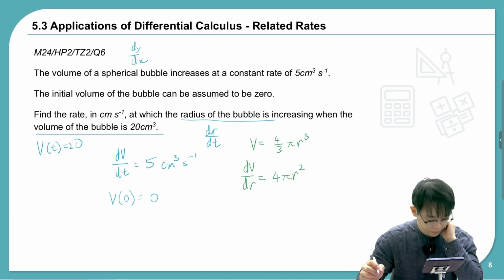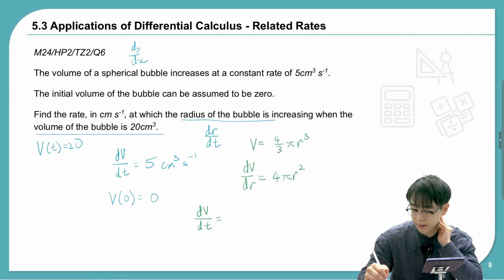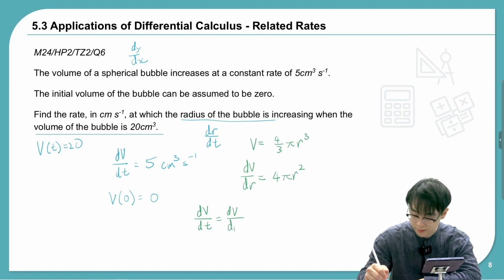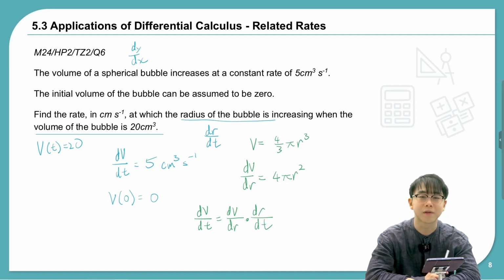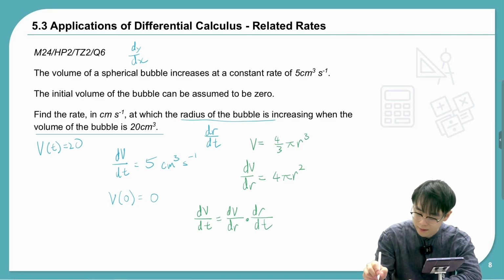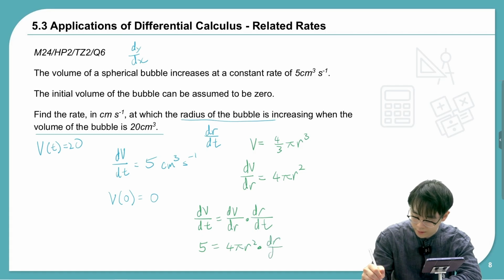We can also use the fact that dV over dt can be written as the volume's rate of change with respect to radius times the rate of change of the radius over time. So dV over dt is dV over dr times dr over dt. We know dV over dt was given as 5, dV over dr is 4 pi r squared, and we want to know what dr over dt is.